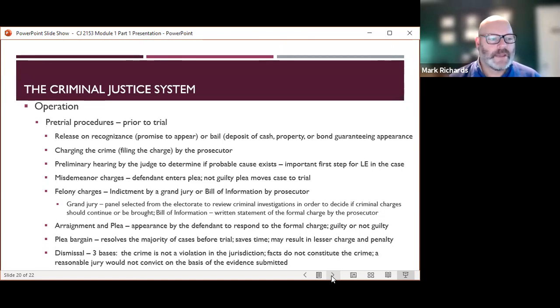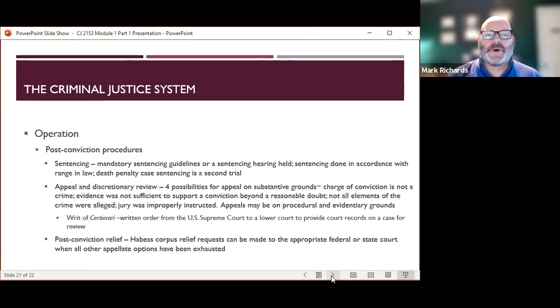the defendant. A case can be dismissed on three bases of defense: that the crime is not a violation within the jurisdiction, the facts don't constitute the crime, and a reasonable jury would not convict on the basis of the evidence that's submitted. Post-conviction procedures within our criminal justice system includes sentencing, which is where a judge sentences a defendant to a particular amount of time of incarceration, or paying a fine, or serving probation.